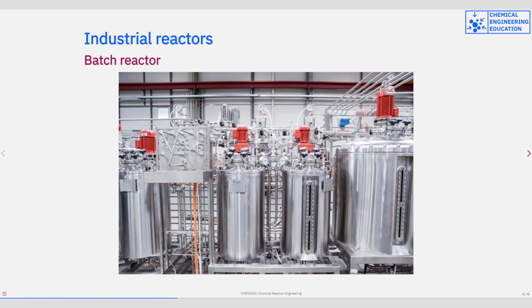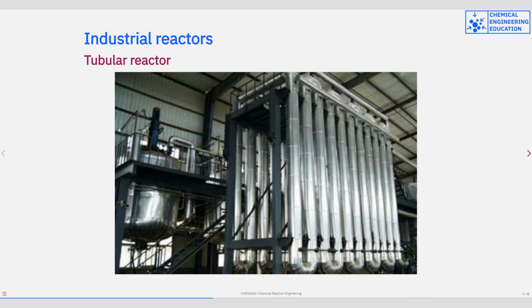Batch reactors are used in the pharmaceutical industry and in specialty chemical manufacturing. They are versatile and are used for operations where flexibility in operations is required. Tubular reactors are typically used for continuous processing in chemical manufacturing.